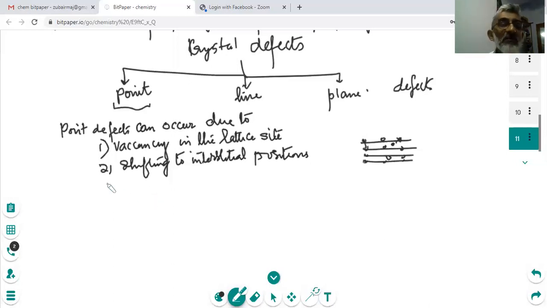The third will be due to the presence of interstitial or substitutional impurities.